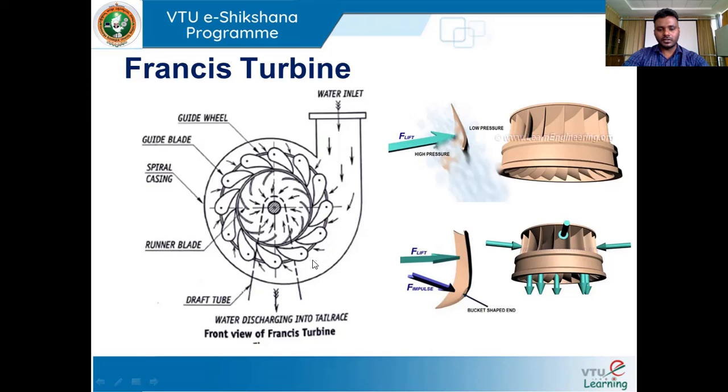Once it starts moving through the spiral casing, due to the decrease in its area, the pressure of the water decreases, thereby increasing the velocity of the water. So here a part of the pressure energy gets converted into kinetic energy as the water moves through the spiral casing. This is the main use of a spiral casing.